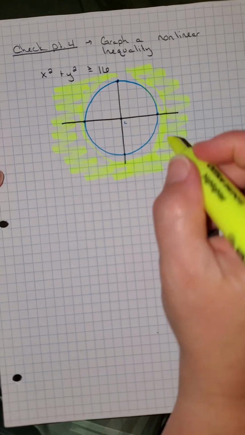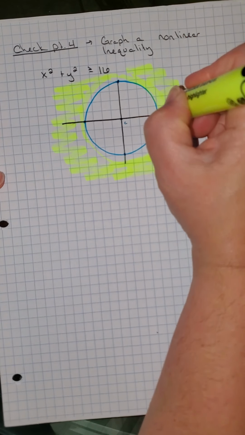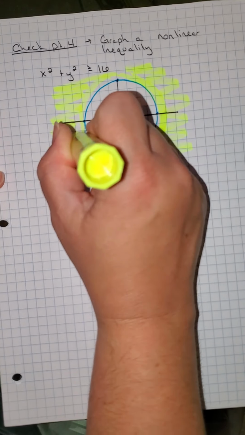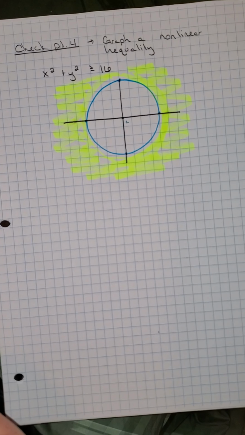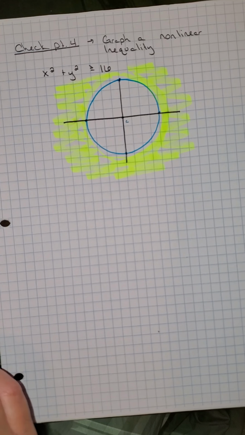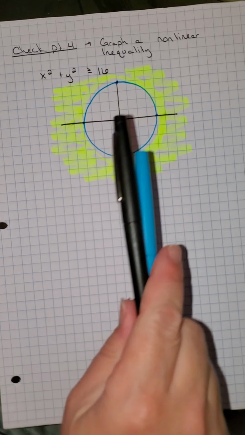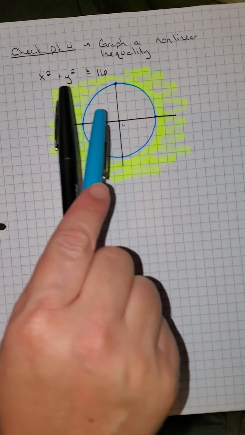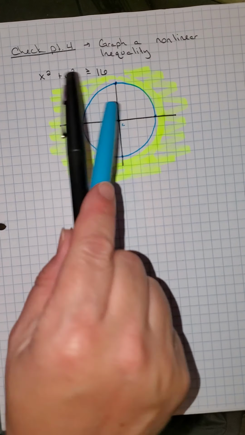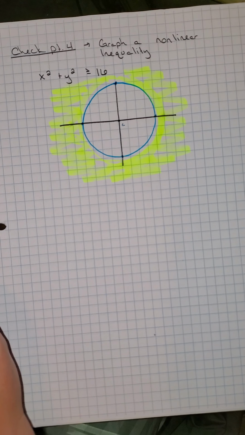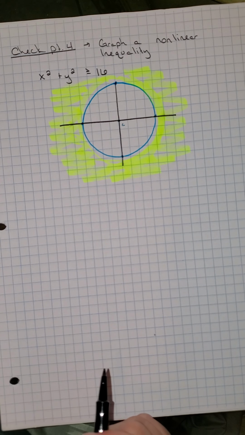When you're in My Math Lab, there's a button to push that helps you with the shading. Okay, and you can do a test point. Like if you tested 0, 0, you would plug them in, you get 0 plus 0 is 0. 0 is greater than or equal to 16. No, that's false. That's why we don't shade over 0, 0. Okay, so that's circles.